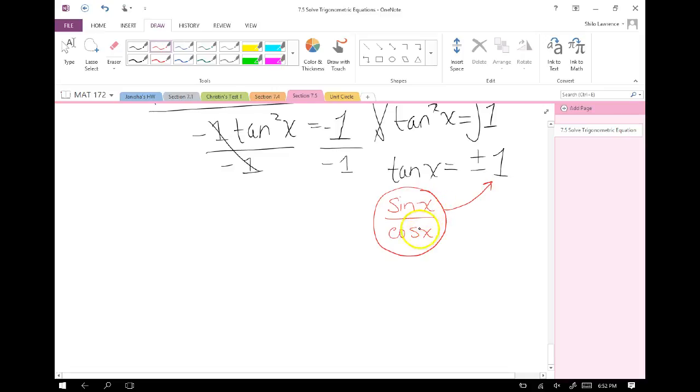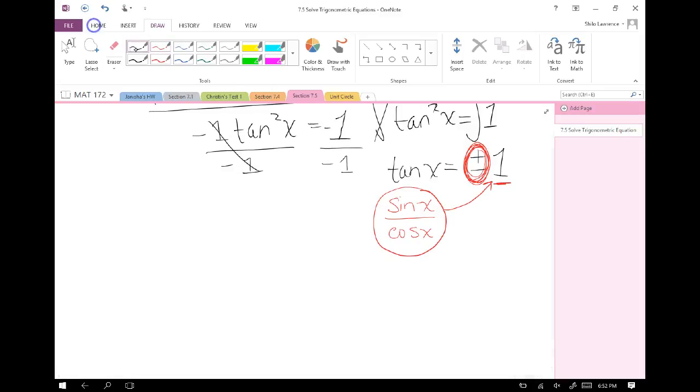So we really could easily find these angles on our unit circle, because we're looking for where the sine value and the cosine value are the same. Now, we don't care if the signs are the same, because we'll take the positives and the negatives. We're just looking for places where the sine and the cosine have the same value. That way, when we divide them to get tan, it always comes out to be 1. So tangent is positive or negative 1 anywhere sine and cosine have that same number for them.